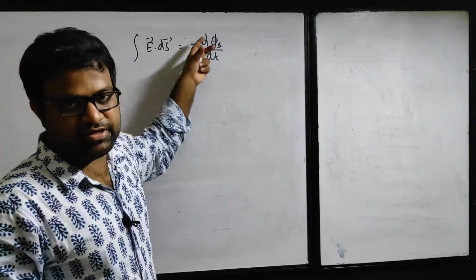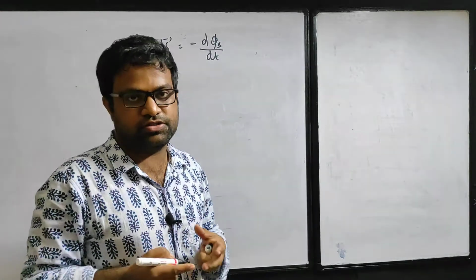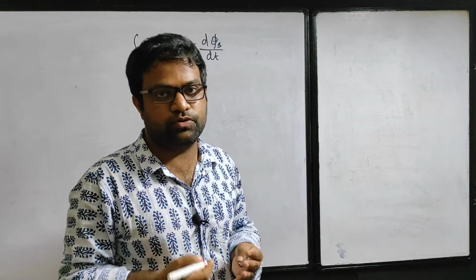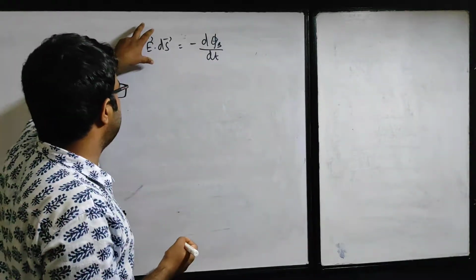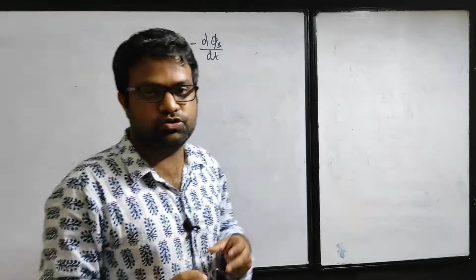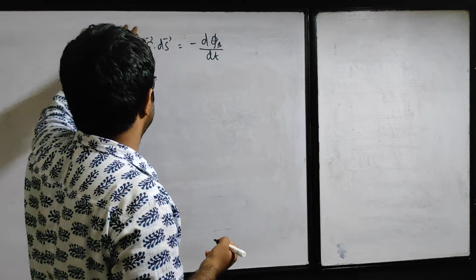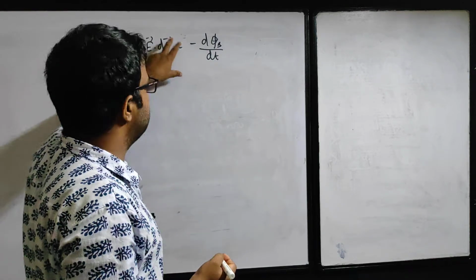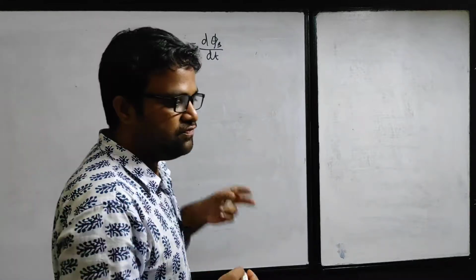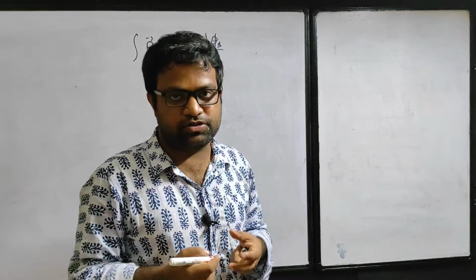The law can be written this way because the rate of change of flux is the EMF induced in a coil, and E ds integrated is also the EMF, so we can write the integration of E ds is equal to minus d phi by dt, where phi B is the flux.